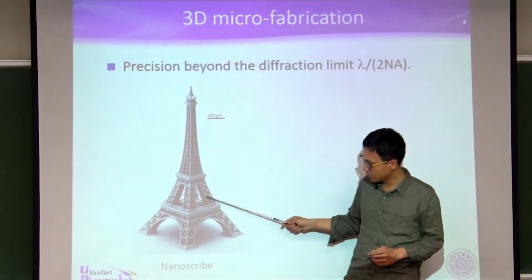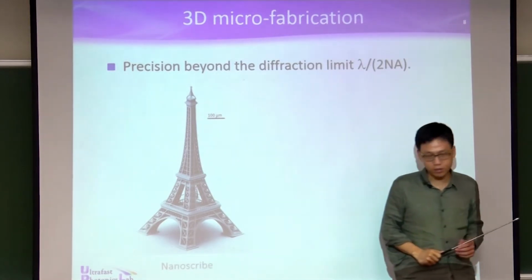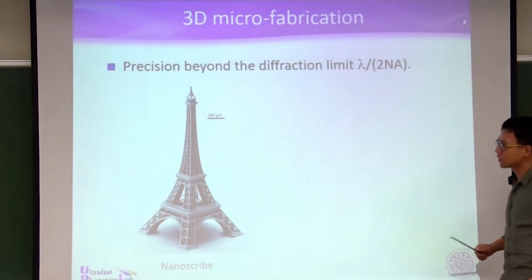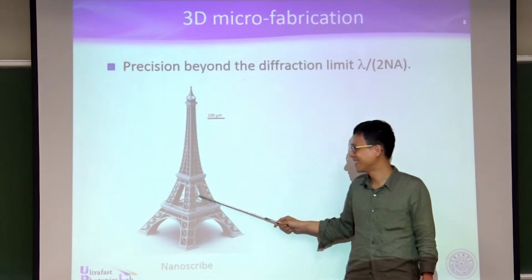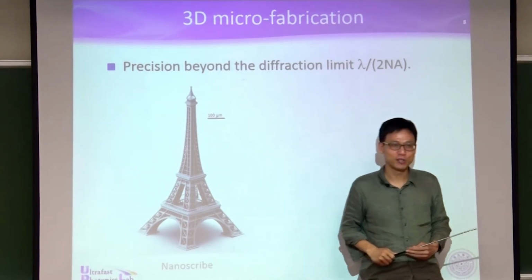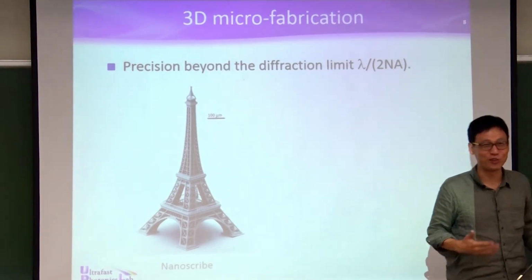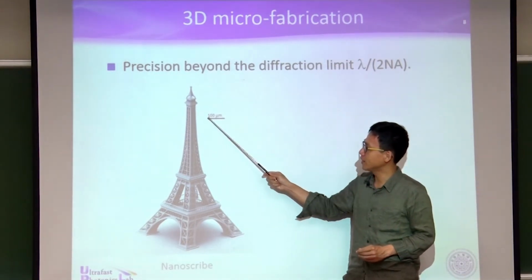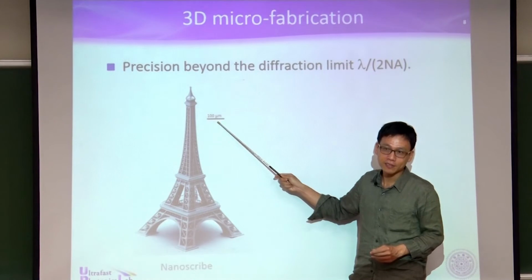Like this example, it comes from a website of a German company, Nanoscribe. They fabricated this Eiffel Tower. Of course, there is no scientific purpose, just for demonstration, right? And this bar, the length is 100 microns.